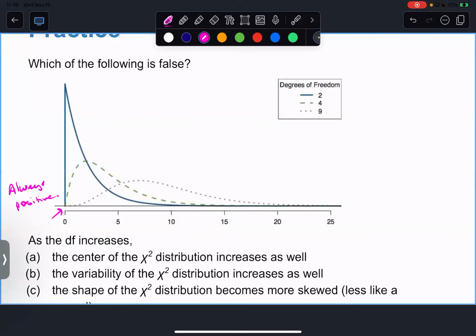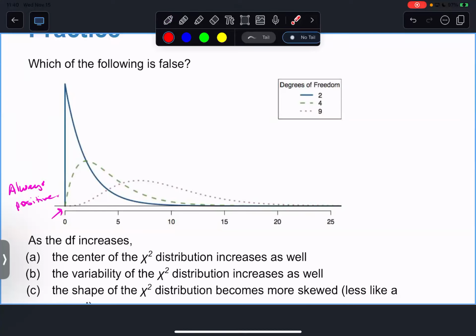Because how we calculate chi-squared, we take the observed minus the expected, and then we square them, making all things positive, divided by the expected count, which can't be negative. And so there's no way in that calculation to get negatives. They're all positive values. I add up positive values, I get another positive value. And so that's why the chi-squared is always going to be positive.